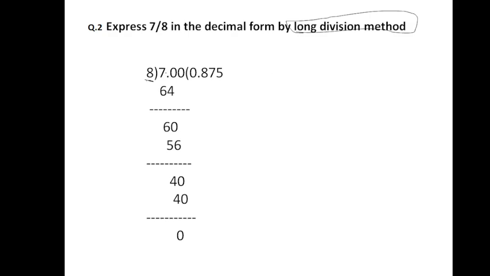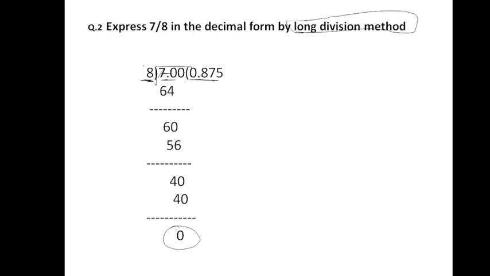We will solve it. 8 is the divisor, this is the quotient, this is the dividend, and this is the remainder. The dividend is 7 and the divisor is 8.